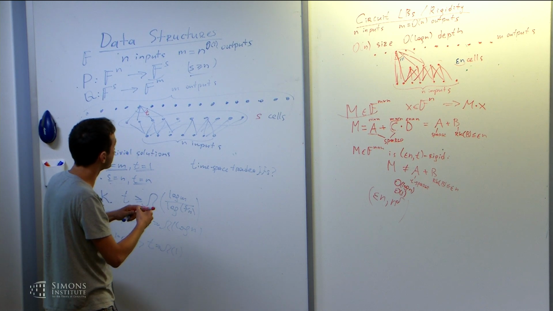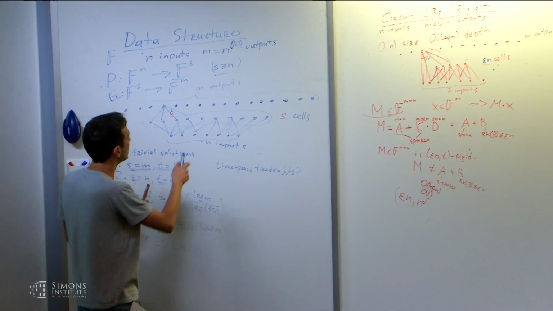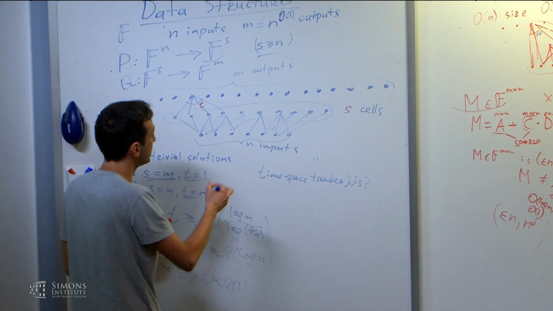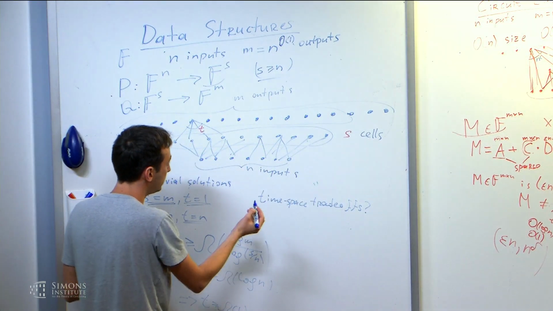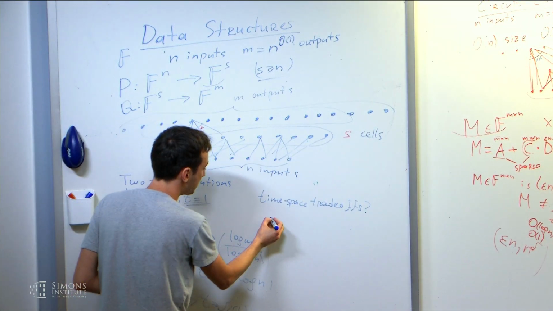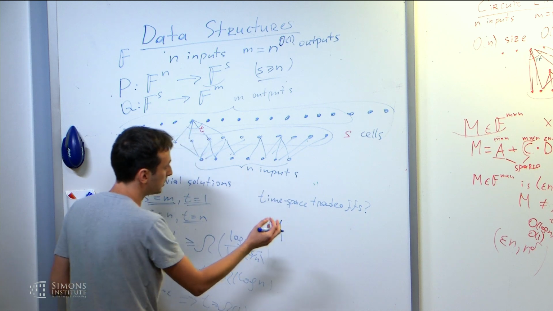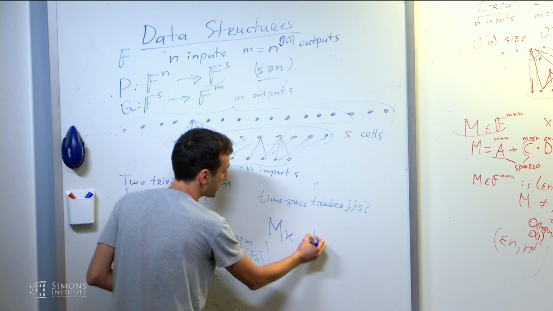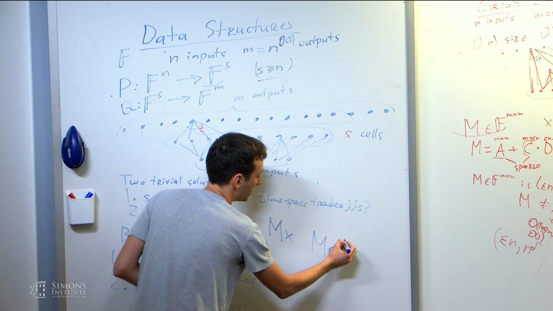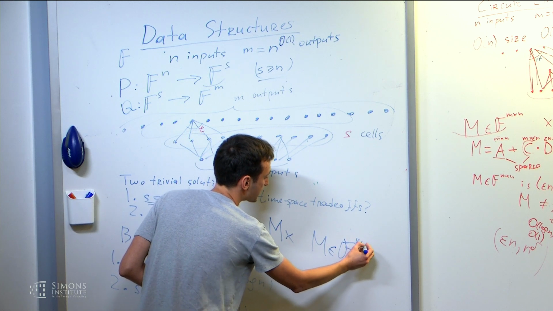Here we also want to consider linear functions. That is, all our m outputs are linear functions, and you only compute linear functions here. Then whatever you compute here can also be written as: for every input x, you compute M times x, where M can be written as follows.